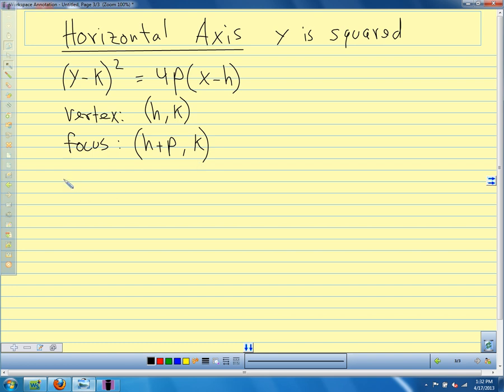Our directrix is going to be the line x equals h minus p. So we move to the left or to the right to get to the focus or the directrix from the vertex. Our axis is y equals k.